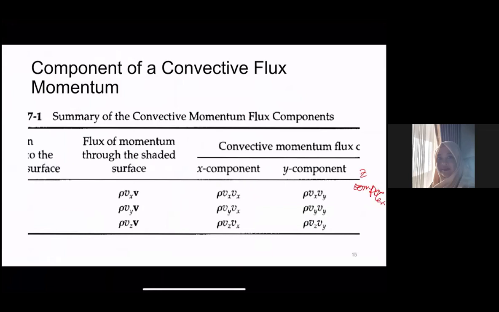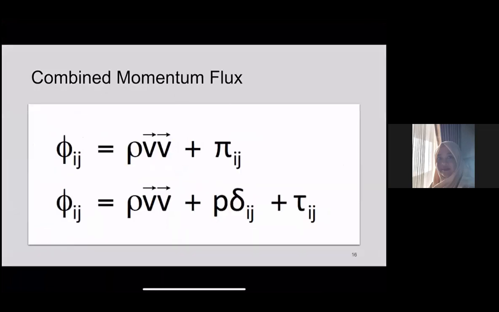Anyway, the combination of the molecular momentum flux and the convective momentum flux is defined as the combined momentum flux.